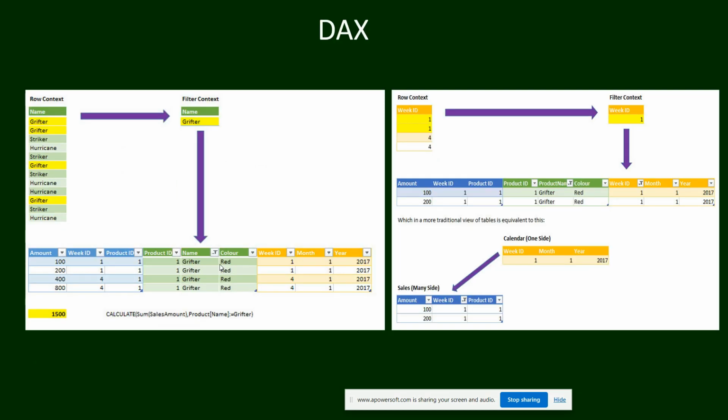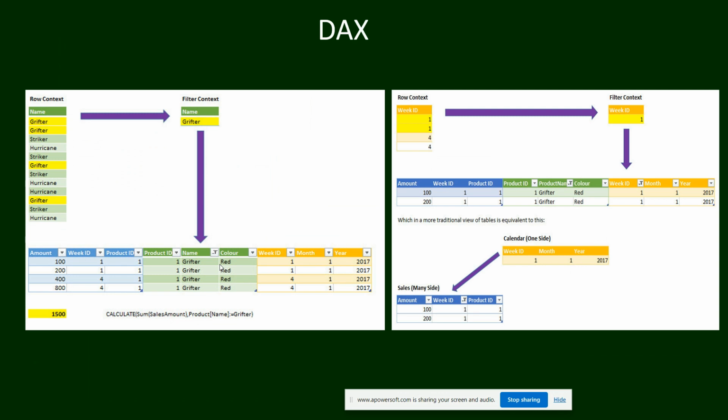And this is your DAX, how the filter context works. The row context is nothing but it displays all things with regard to the name. In the row context, I'm just filtering on a particular value that constitutes a row context.